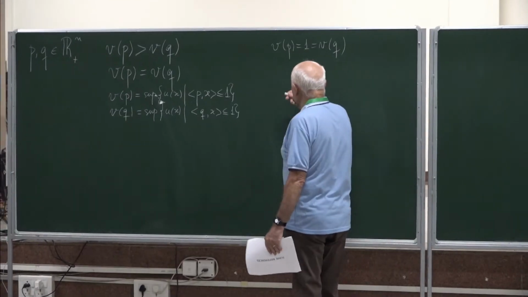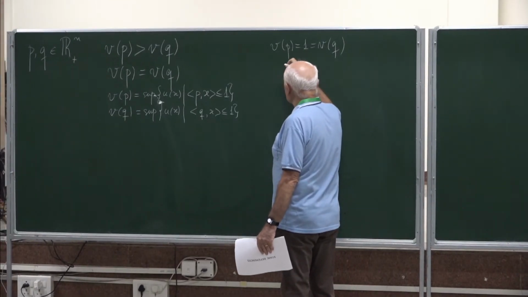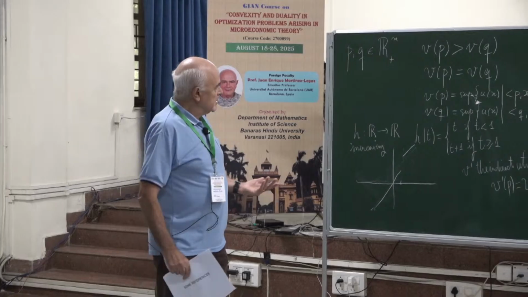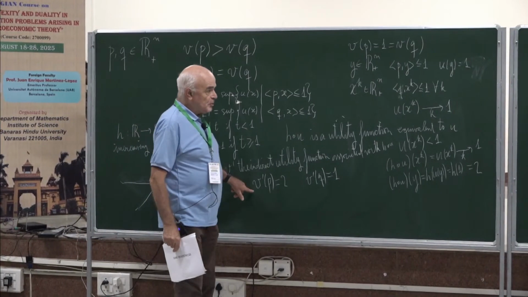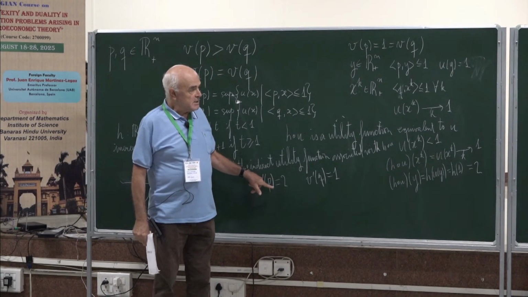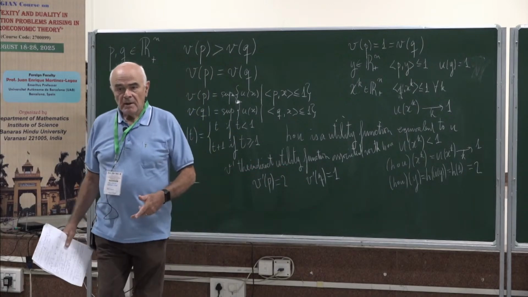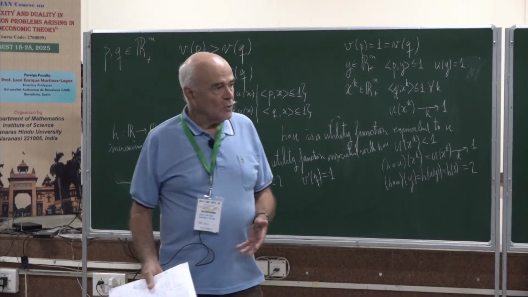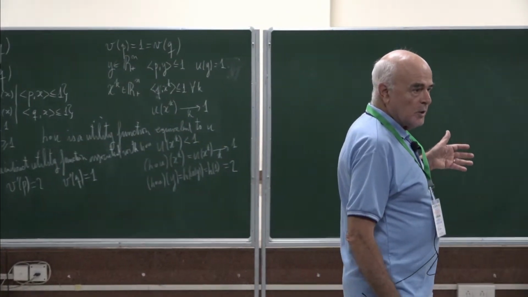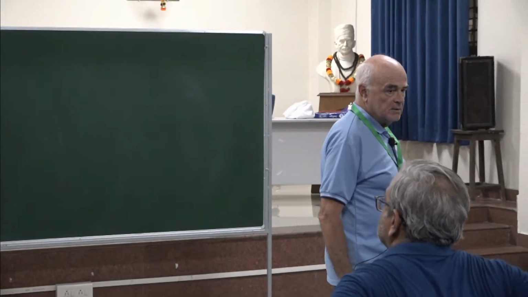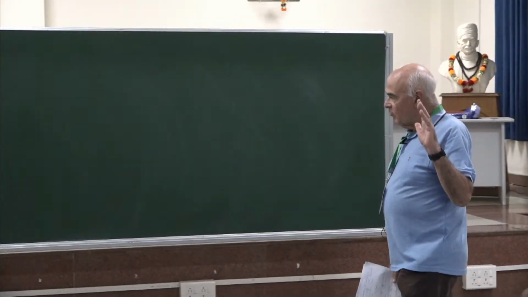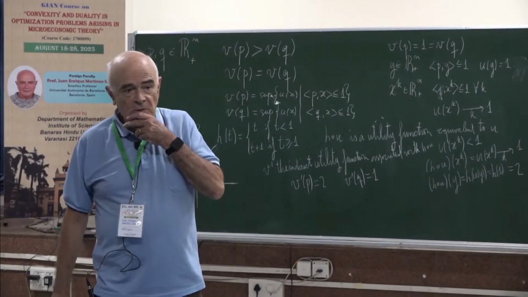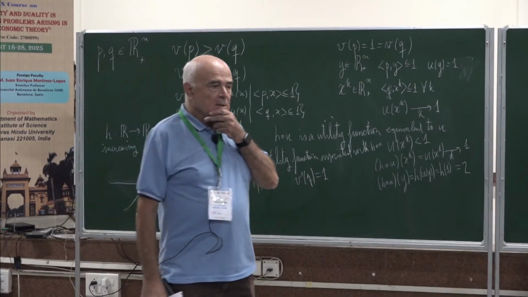So there is, let's say, a point Y such that you will see that V prime of P is strictly greater than V prime of Q, and you would never say that you are indifferent between P and Q. You would definitely go to the supermarket where prices are represented by P, and will avoid going to the one where the prices are represented by Q. So the equality depends on the utility function.